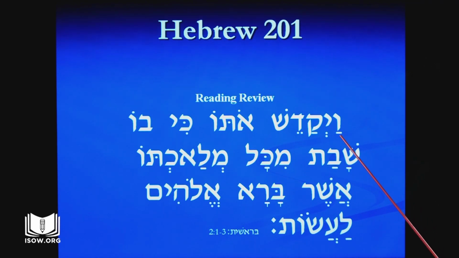First word, Vaykadesh. Oto. Ki. Again, has the dagesh, so it gets the K sound.